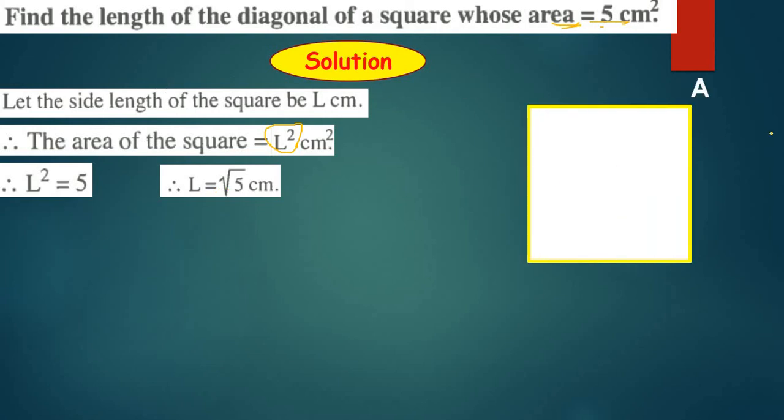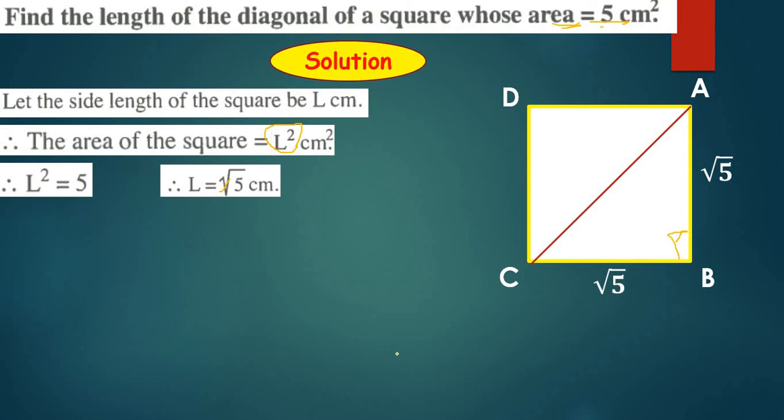Draw the square like this, A, B, C, D, and its diagonal AC, and put root of 5 here and here, and this angle is a right angle. Don't forget the Pythagoras theorem.